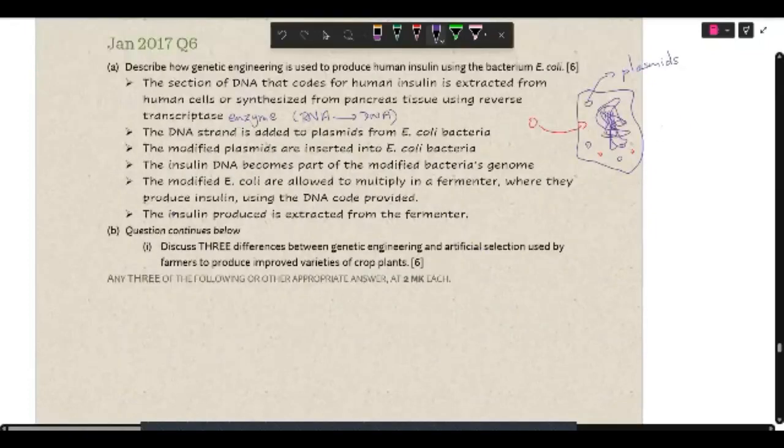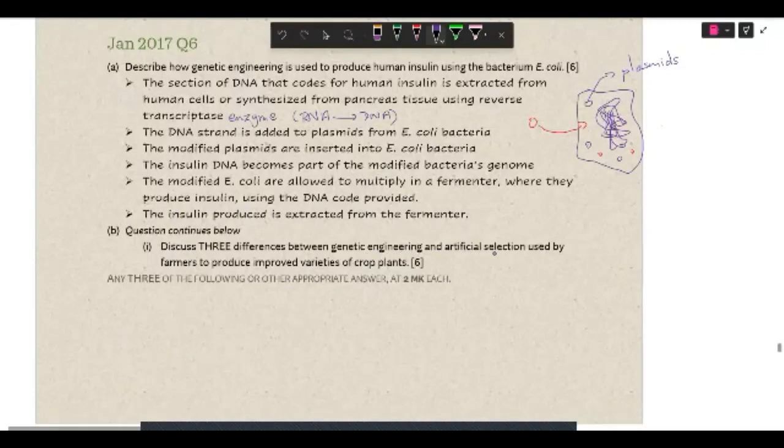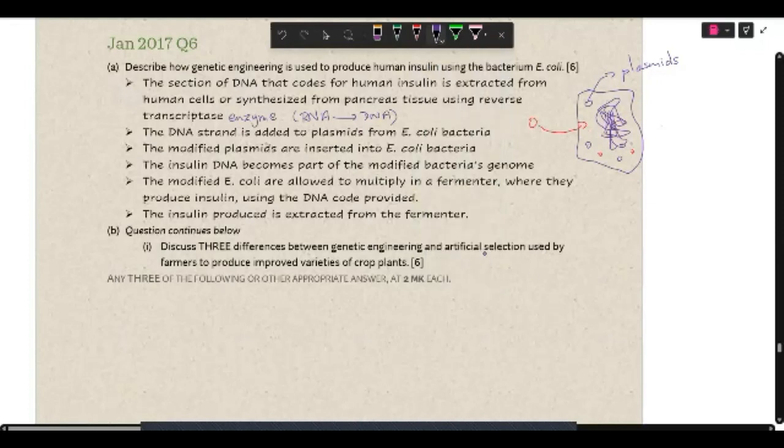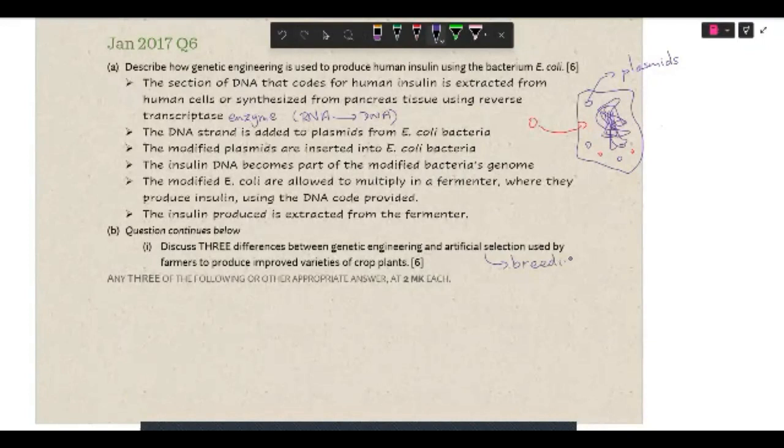Then we have 3 differences between genetic engineering and artificial selection. And when we talk about artificial selection used by farmers, we're talking about things like breeding, right? When you're breeding different types of pigs and cows and horses, all of that would fall under artificial selection.